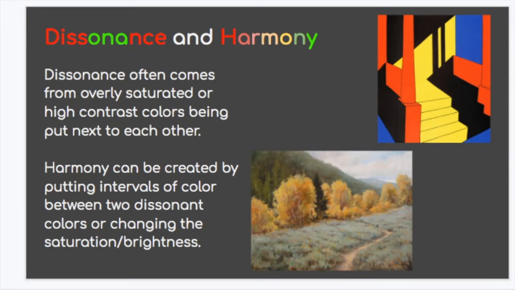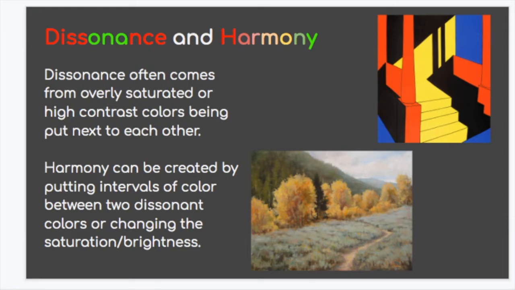In dissonance, you've got that really stark contrast between the complementary red and green right up against each other, whereas in the word harmony, there are tints or shades, intervals between the H and the Y on harmony, which helps it become more harmonious, even though it's still a complementary color scheme. Dissonance often occurs from overly saturated or high contrast colors being put next to each other. So it's not just really saturated or complementary colors.